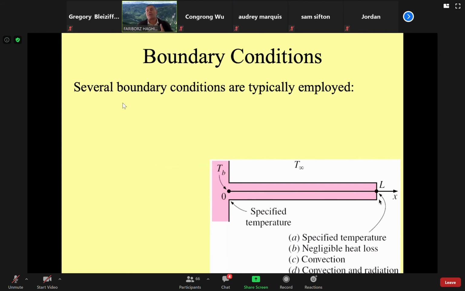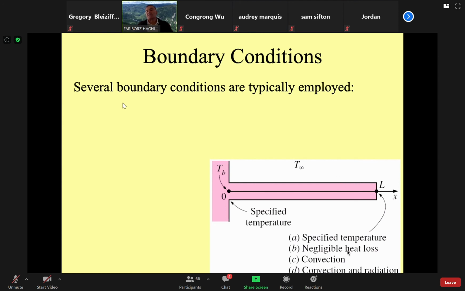Again, it depends on your design. Under your design, you can specify temperature. Probably this side will be exposed to a scenario where we know the temperature, for example, 40 degrees. Okay, it's fixed. Or we can assume that the fin is too long, therefore we can assume the temperature here is infinity.